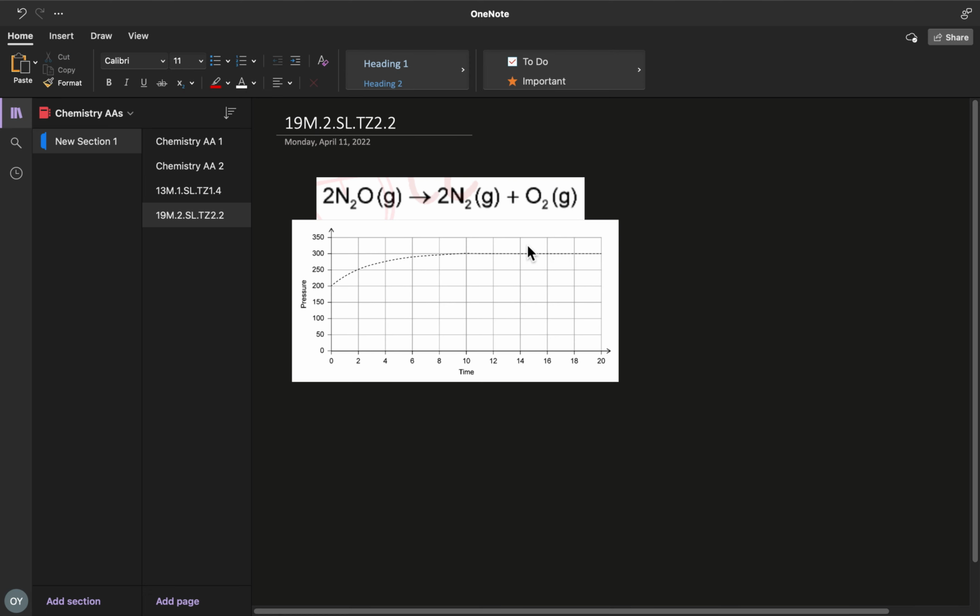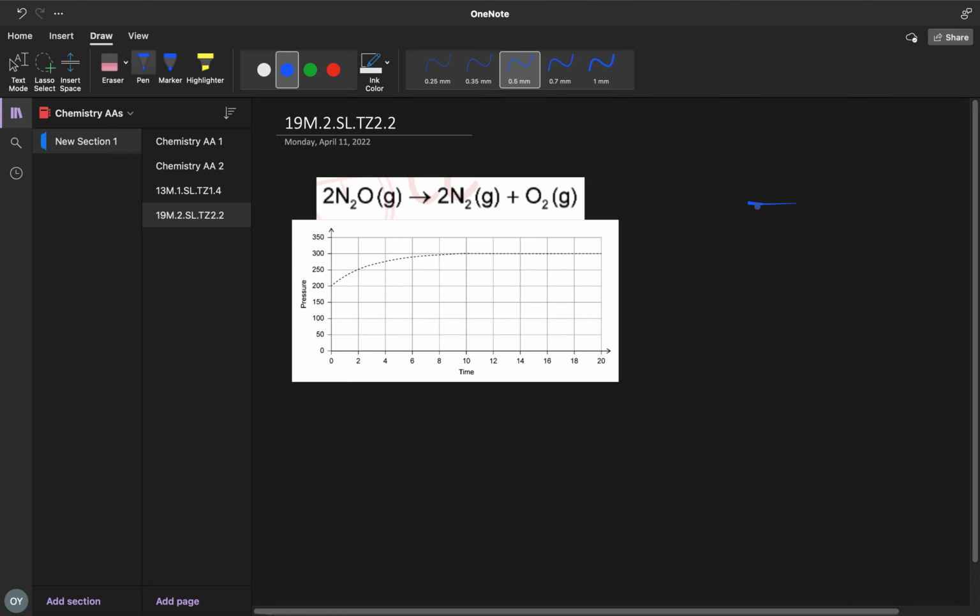Part D asks, the experiment gave an error in the rate because the pressure gauge was inaccurate. Outline whether repeating the experiment using the same apparatus and averaging the results would reduce the error. Let's draw the pressure gauge really quickly. Sorry for this really bad drawing. This is 0, and this is where the arrow is. Whatever value you have for the experiment, the pressure gauge would be off.